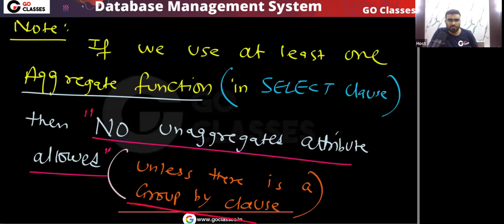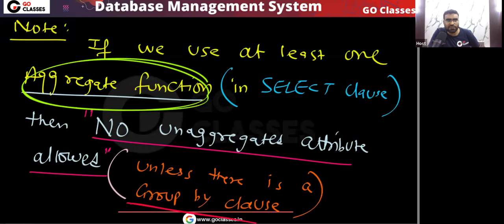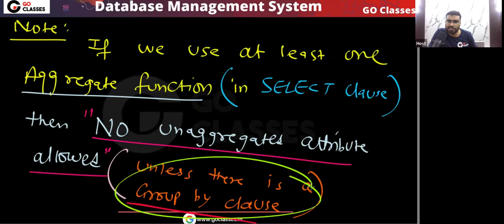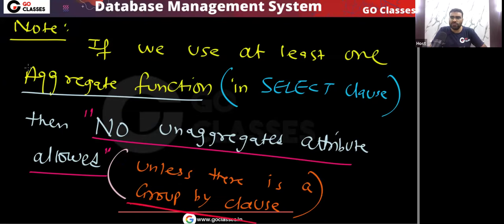This is the note. When there is no group by, if we are using an aggregate function in the select clause, then no unaggregated attribute is allowed unless there is a group by clause. If there is a group by clause, then it is allowed.